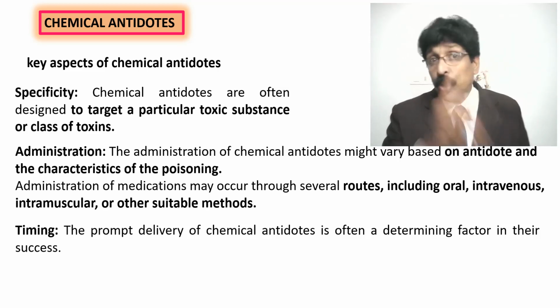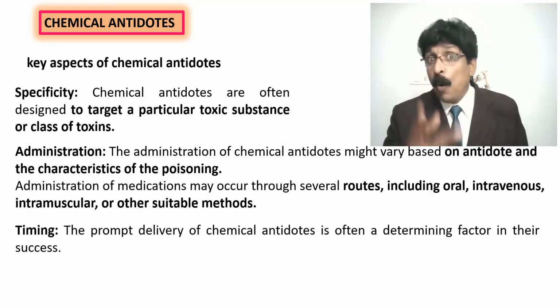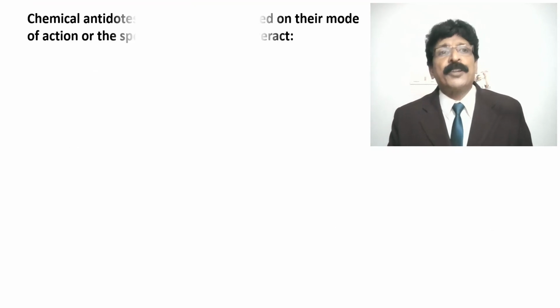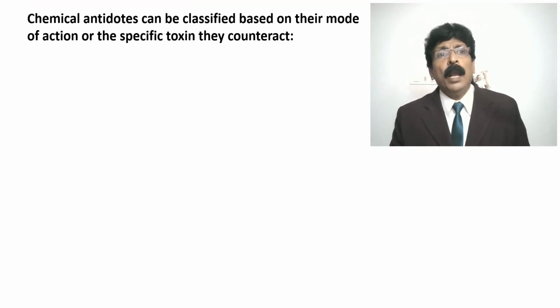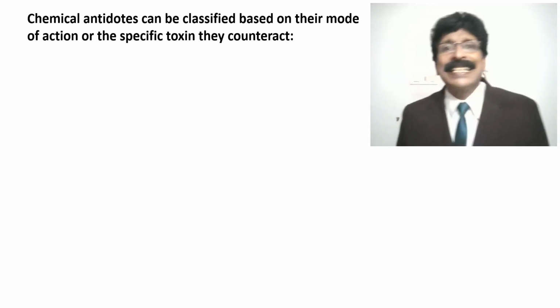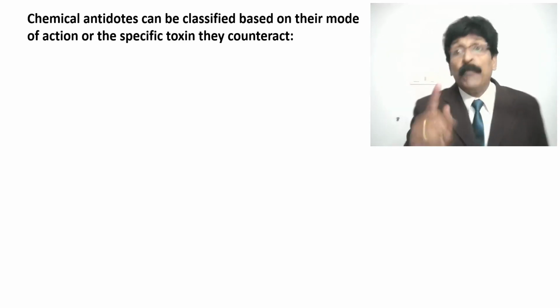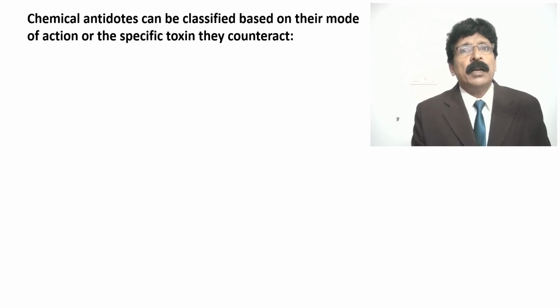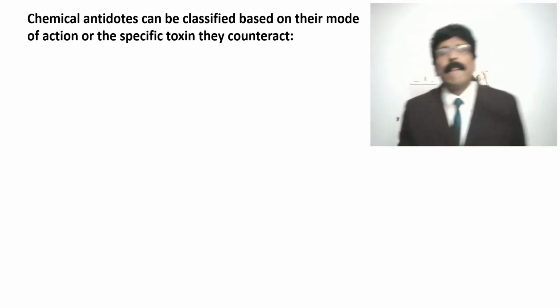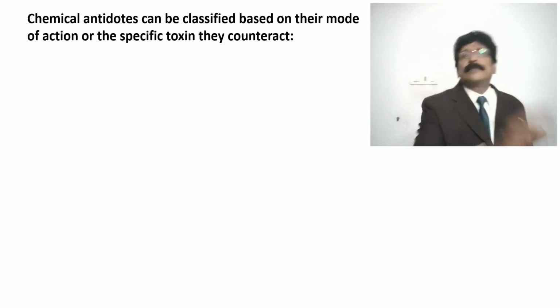And dose also matters. Antidote overdose or antidotes given at the wrong time may also cause many adverse actions. Chemical antidotes can be classified on the basis of their modes of action or the specific toxin they counteract.